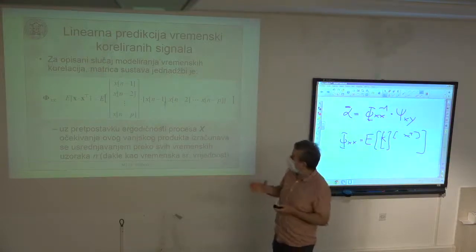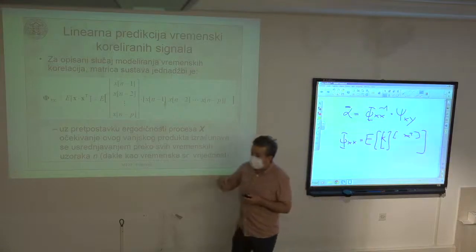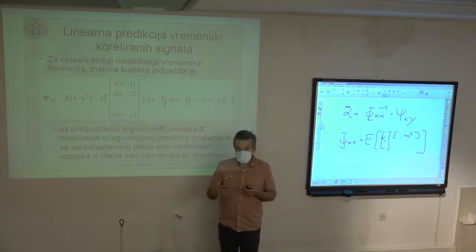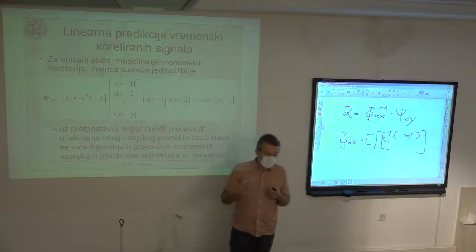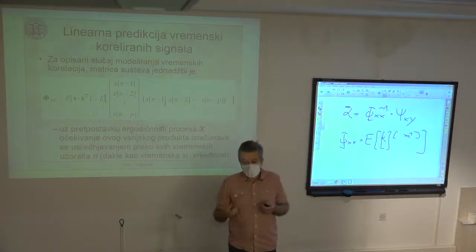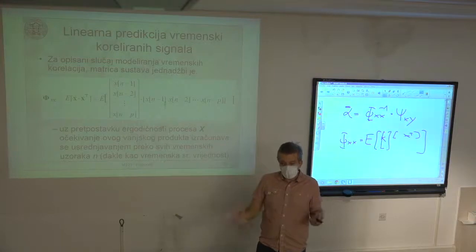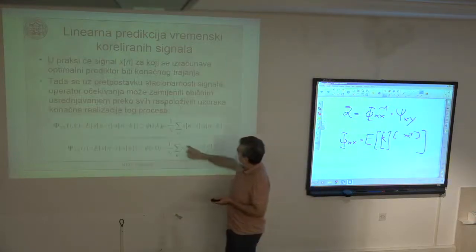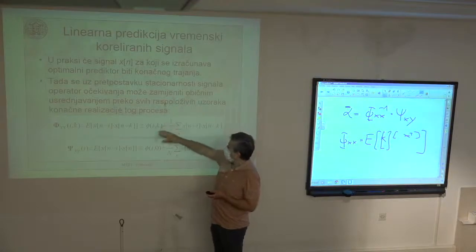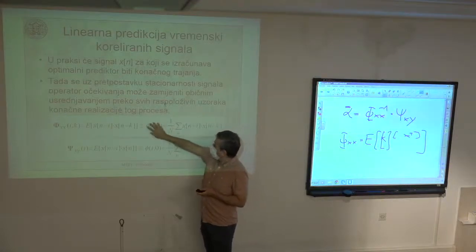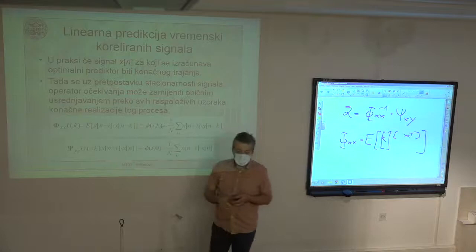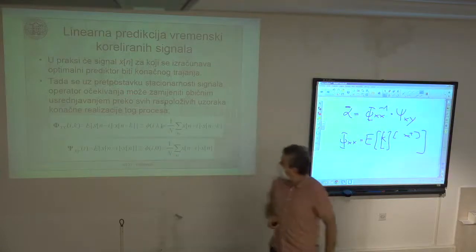A process is ergodic if its statistical properties do not depend on the choice of the actual realization. So if I have a sufficiently large number of vectors, let's say 1,000 vectors, and I compute a sample mean instead of the expected value, this is an approximation of the expectation.